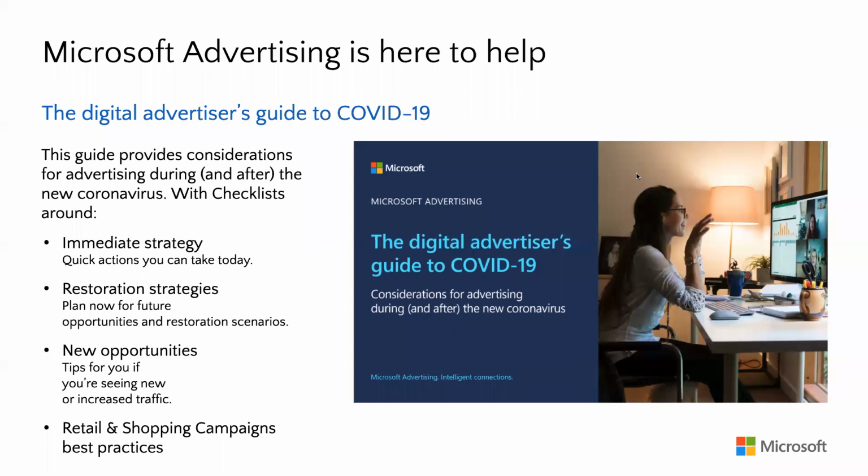And as well as that, with Microsoft search campaigns, for example, there's a ton of different features that you can use to get ahead of that as well, with everyone resource strapped for time.